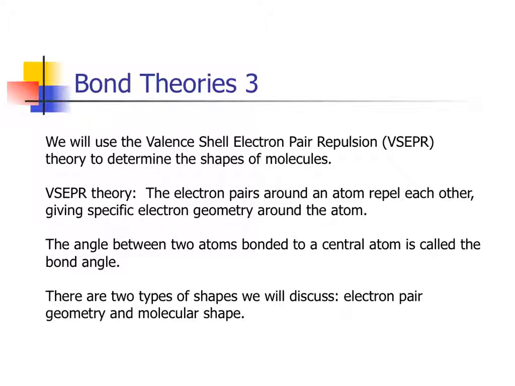Now you will also find a chart, and I'm going to reference some things very similar to that, on the back of the periodic table that we have for class. On the back of that, you're going to see electron geometry, EG, and molecular geometry, MG. And we're going to talk about them as regions of space. We'll explain more why I use regions of space, but it all comes down to this idea of VSEPR theory.